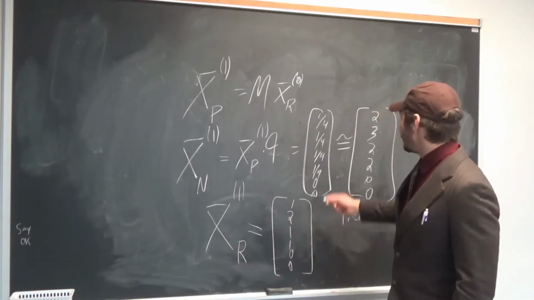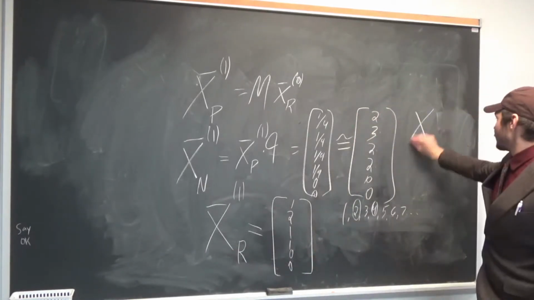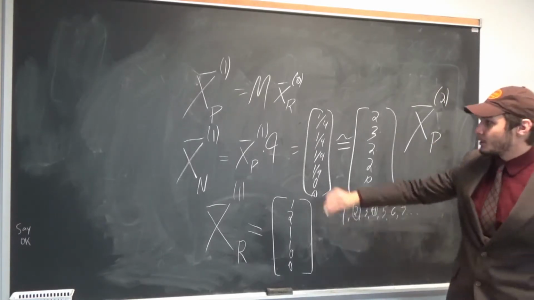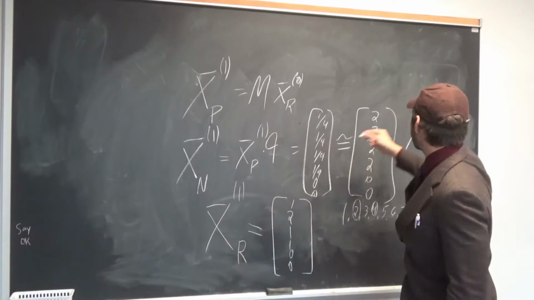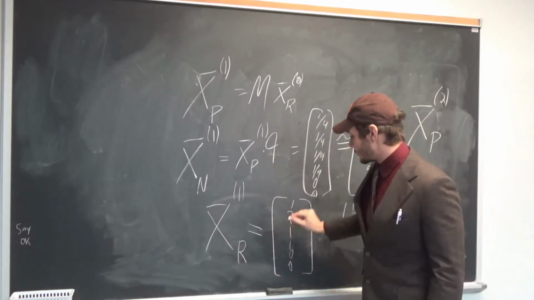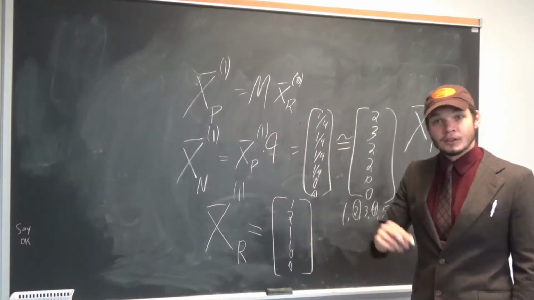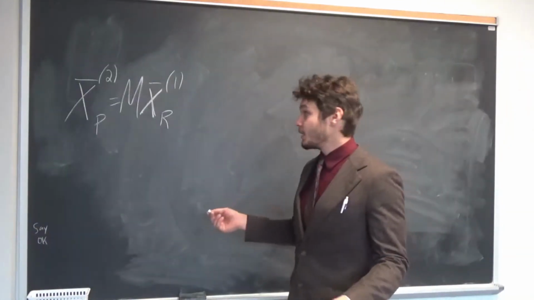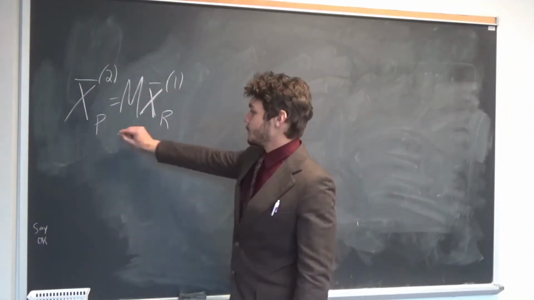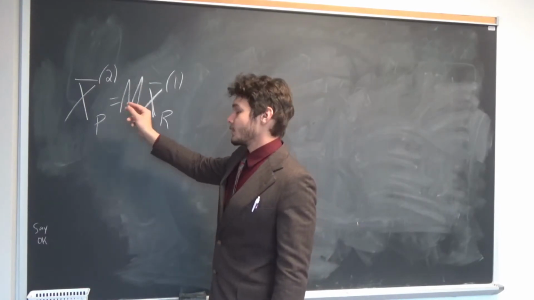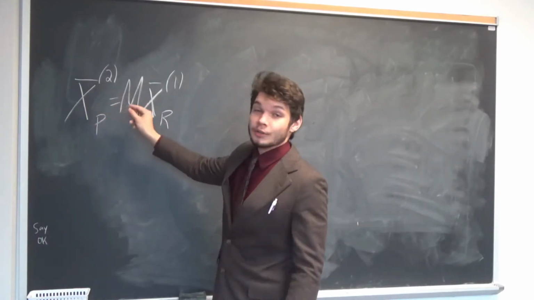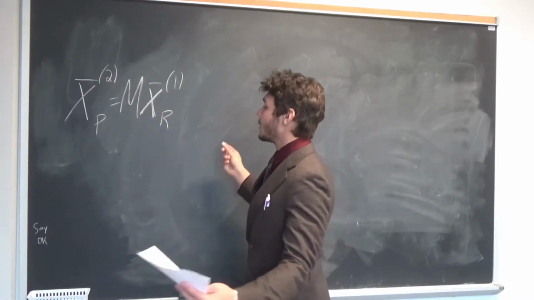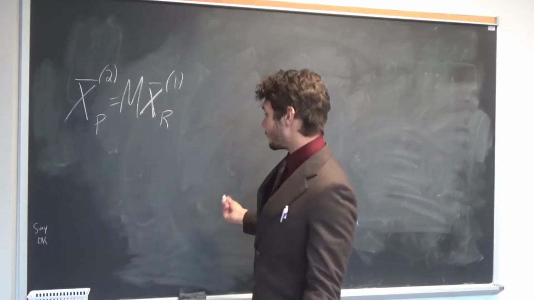So now if I want the Gen 2 probability matrix, remember I'm going to take m and multiply by the last generation that reproduced, which is this vector here. So let's jump right in. Remember, the probability vector is going to be the probability matrix times the last generation that reproduced.